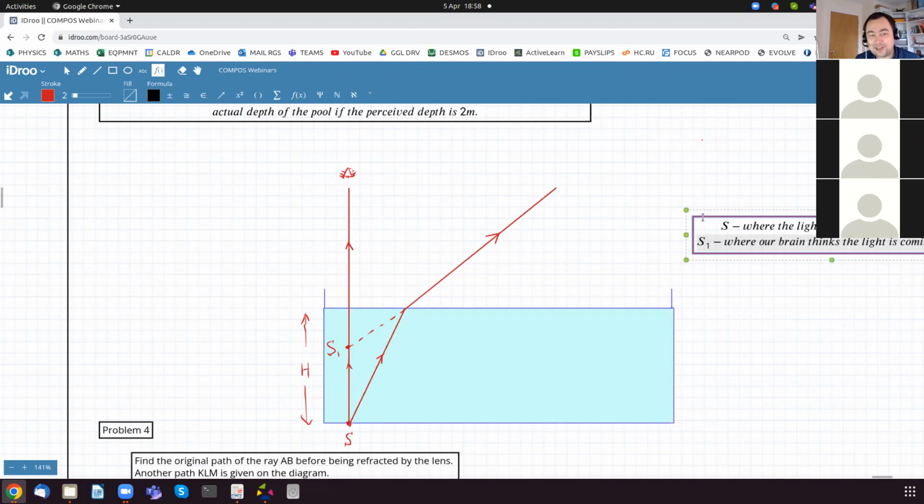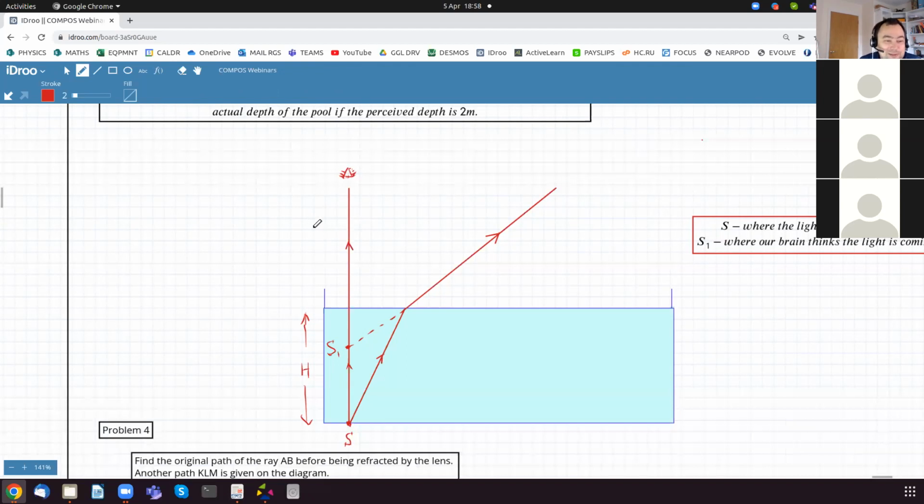So we see a ray of light coming from somewhere, and we continue the ray, and we think, oh, that's where it's coming from. This is called the image. We can say it's the image of the bottom of the swimming pool. So the light is coming from there. That's what our brain tells us. That's why it seems shallower than it actually is.